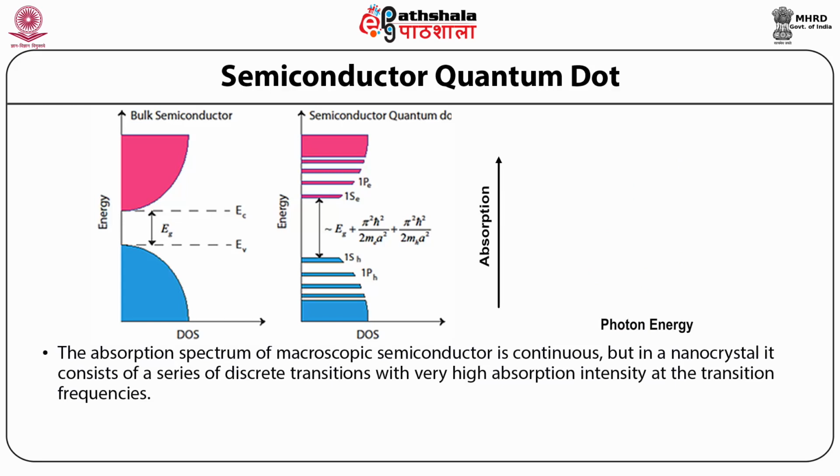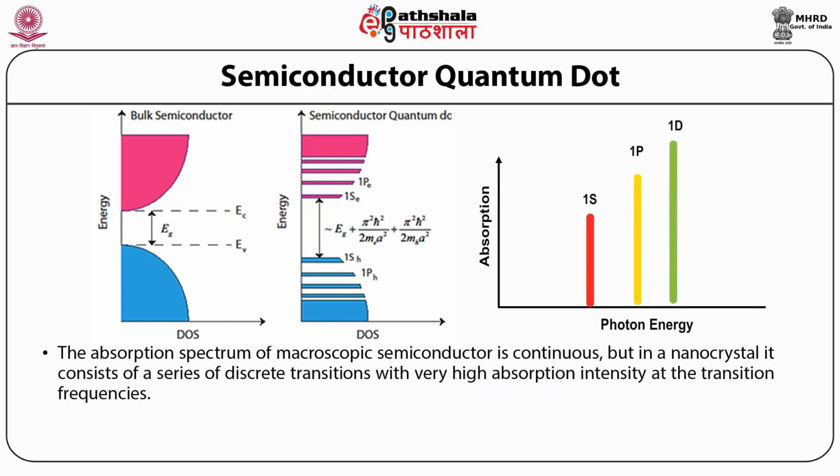The absorption spectrum of a macroscopic semiconductor is continuous as shown in this figure, but in a nanocrystal, it consists of a series of discrete transitions with a very high absorption intensity at the transition frequencies.